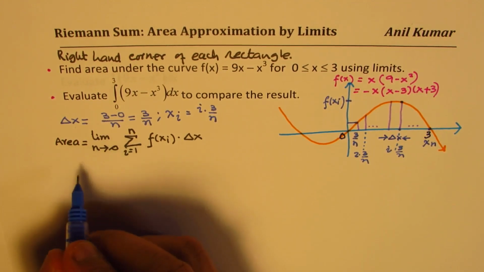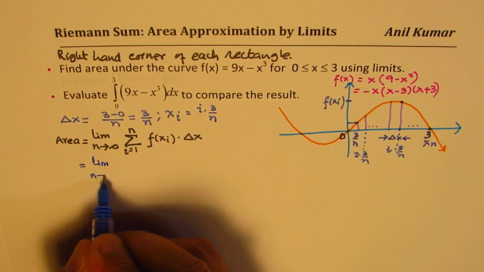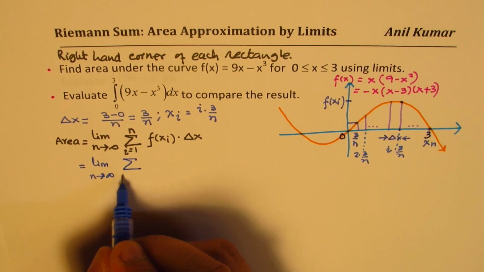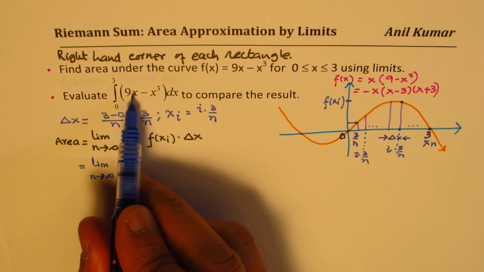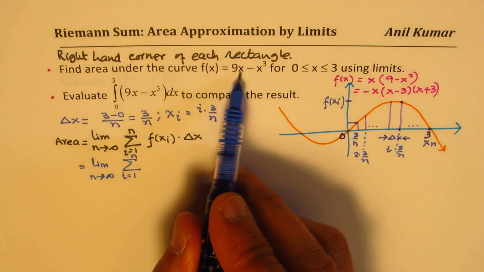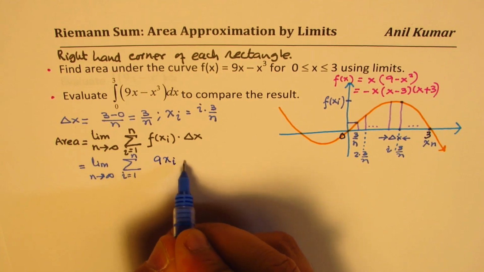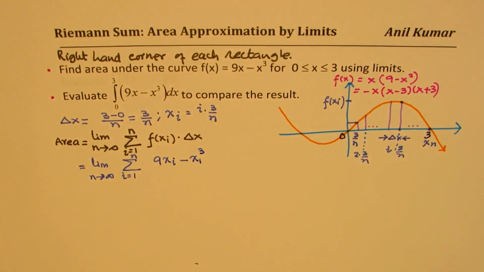Now let's use this formula and find the area. So we have limit n approaches infinity, sigma, sum of all rectangles, 1 to n. f of xi means we'll replace x with xi, so we have 9xi minus xi cube.